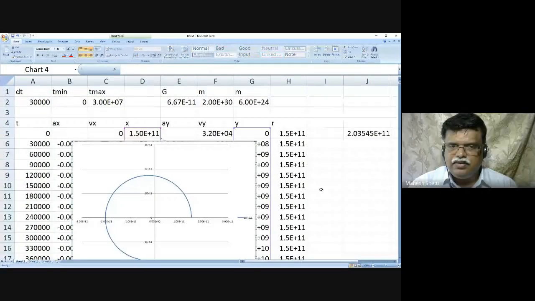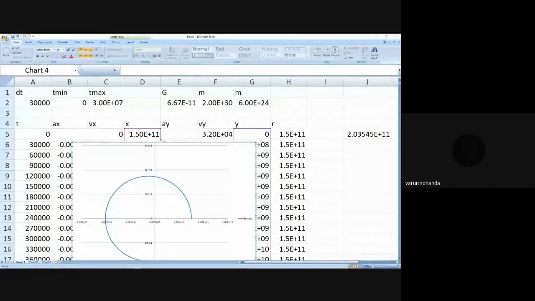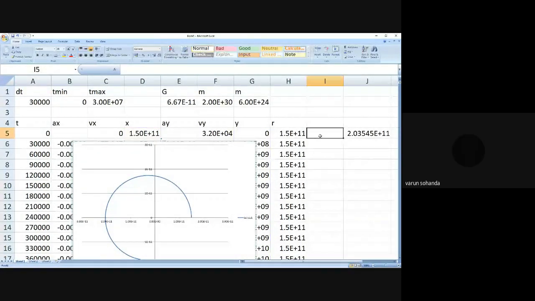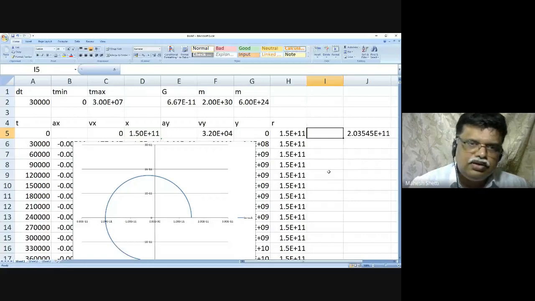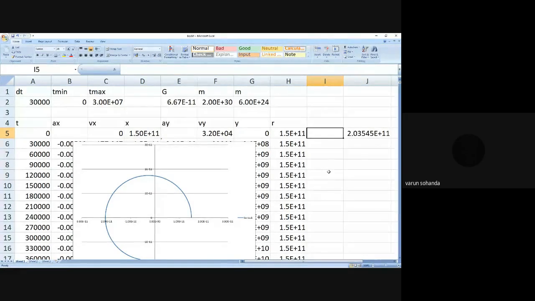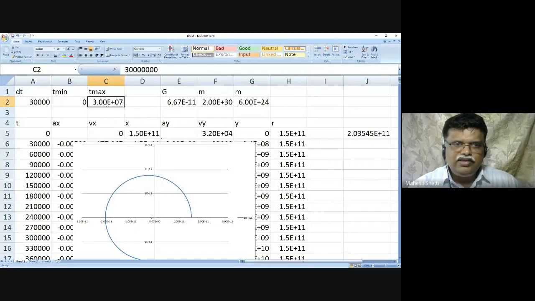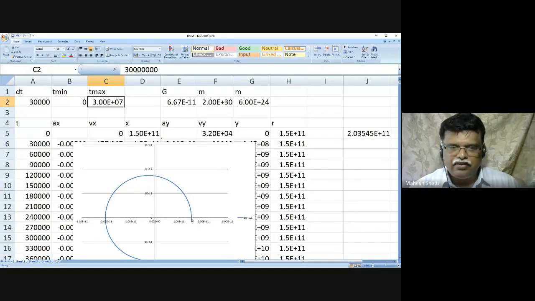Sir, can we determine the time period of the planets in this way? Is it useful? Okay, are you talking about determining the time period on this numerical simulation? Yes. Yes, it is possible. You will go on increasing this T max, and then you can find out when it comes back.